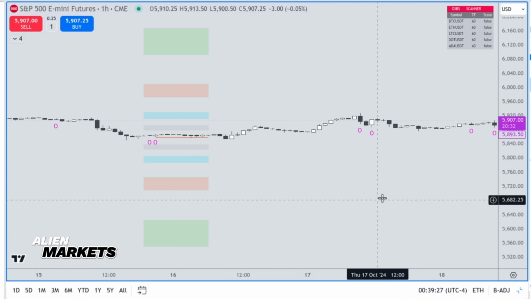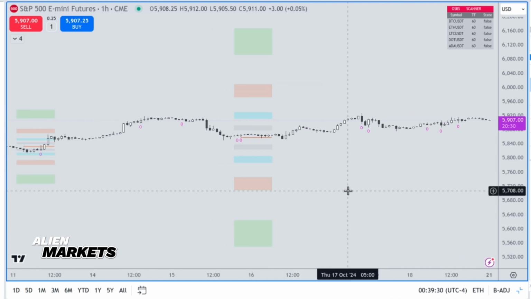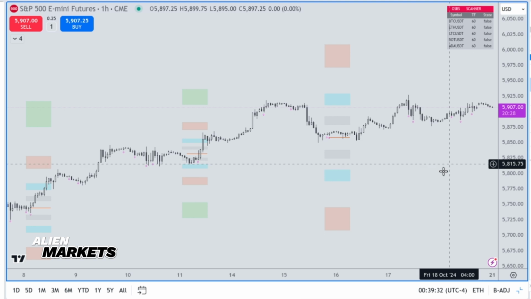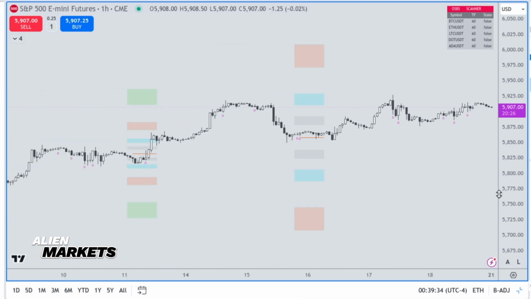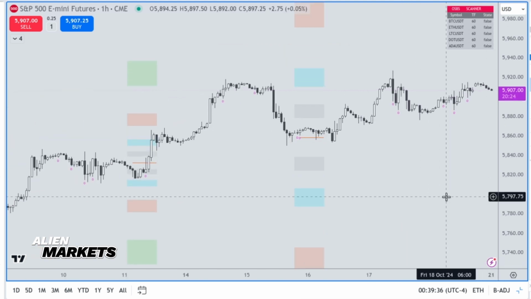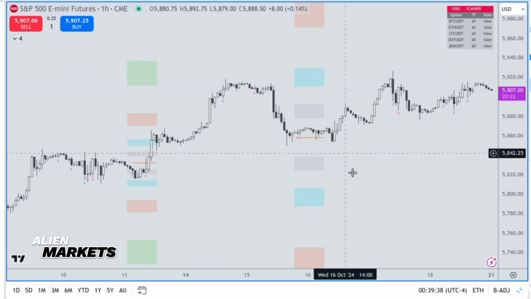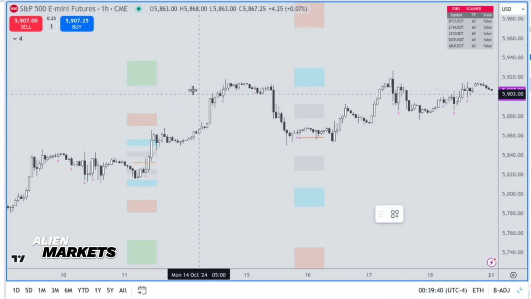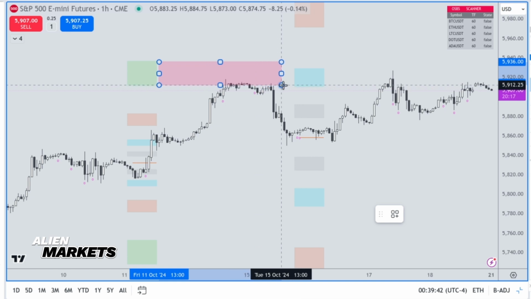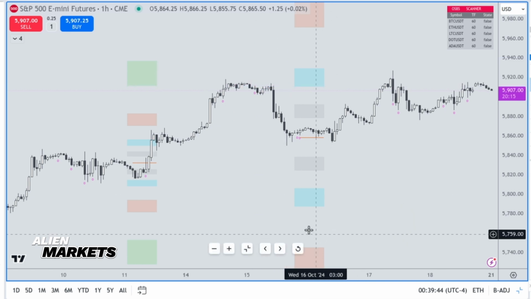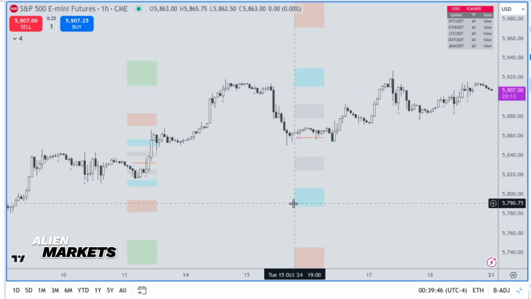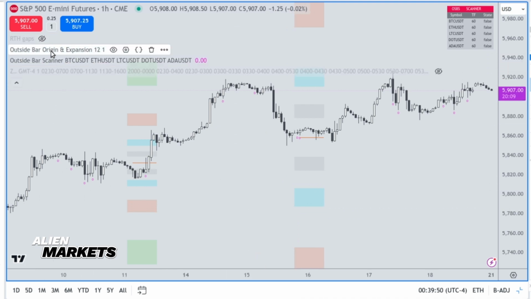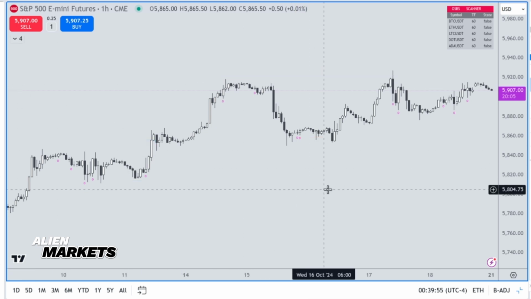Well, these are my golden, my quantum levels. You can watch how price reacts off of them. I will talk about this in a later video if you want me to.